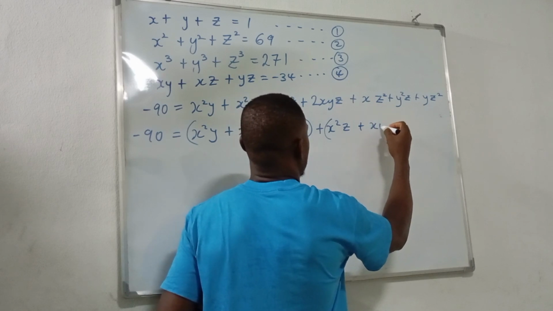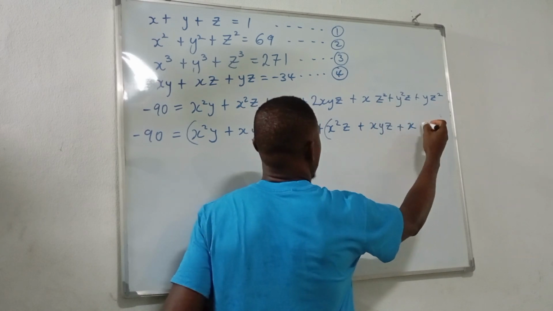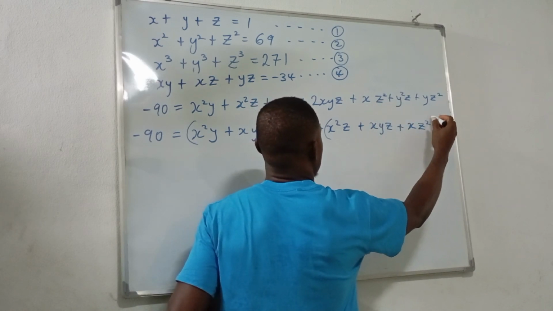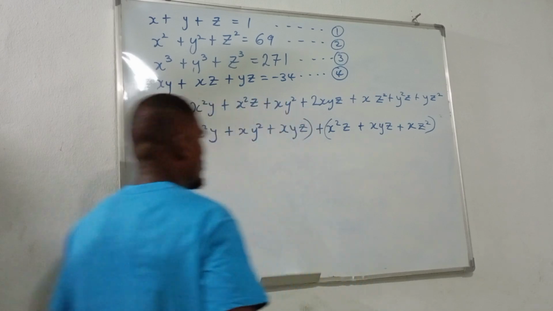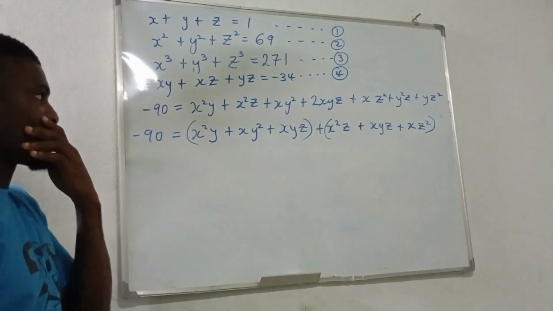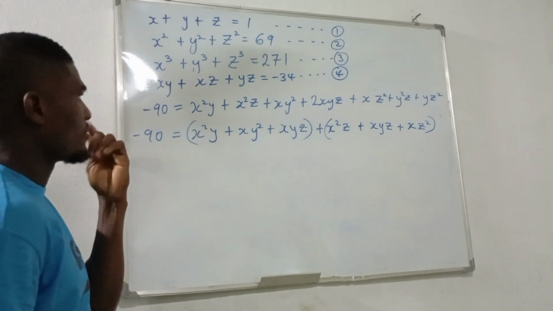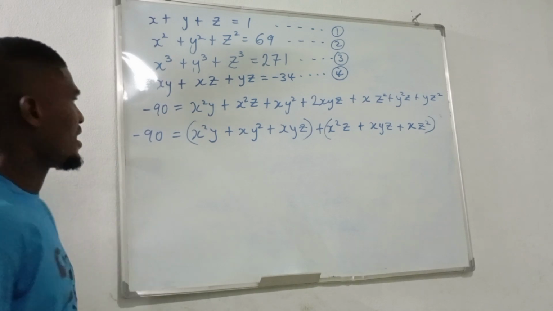And so we'll write that as x, y, and z. And then the last one, which is this xz². Alright, so those are the ones that contain x and z. Alright, so now the next one.